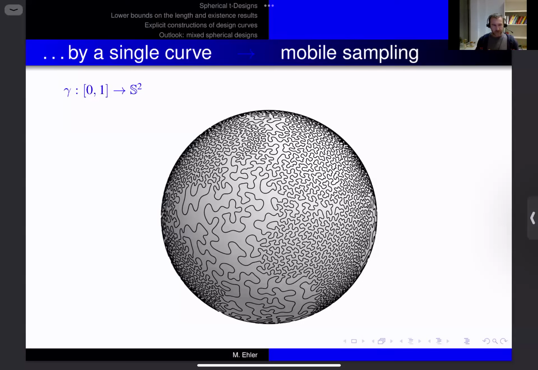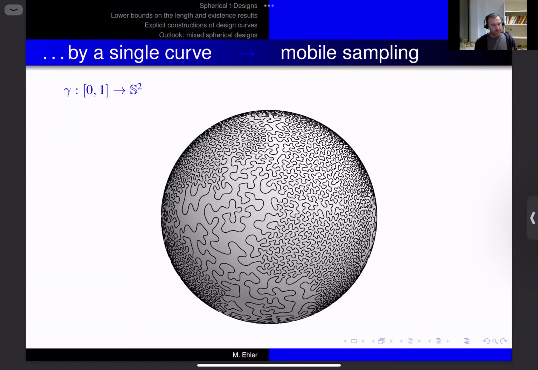There we have a mobile sensor that can follow the path of a curve that runs on the surface of the unit ball. And now the idea is that this curve in some way is supposed to follow some predefined distribution.